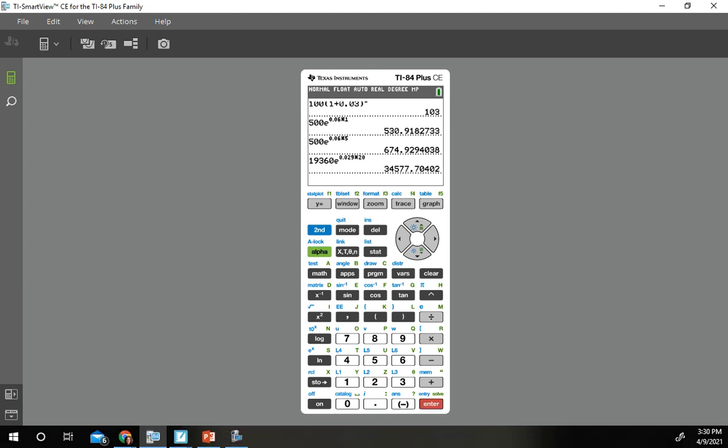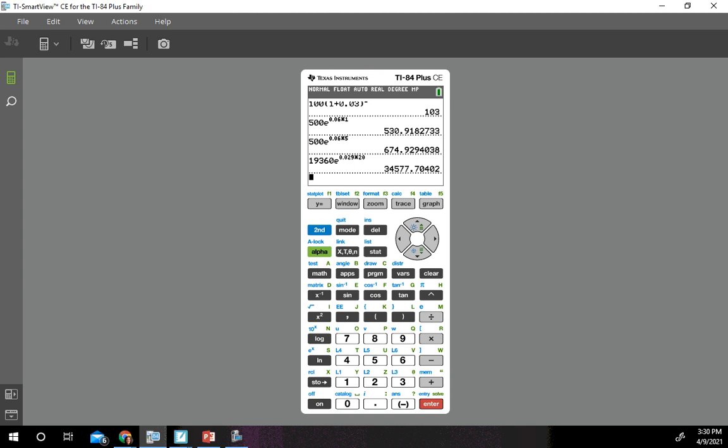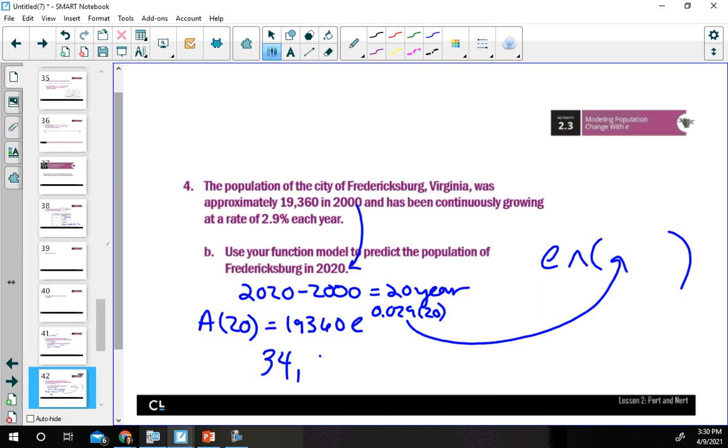So I will have 34,577 people. Notice I did not round up. Yes, it is 0.7, but you can't have 0.7 of a person. So I'm just keeping it at 34,577 people.